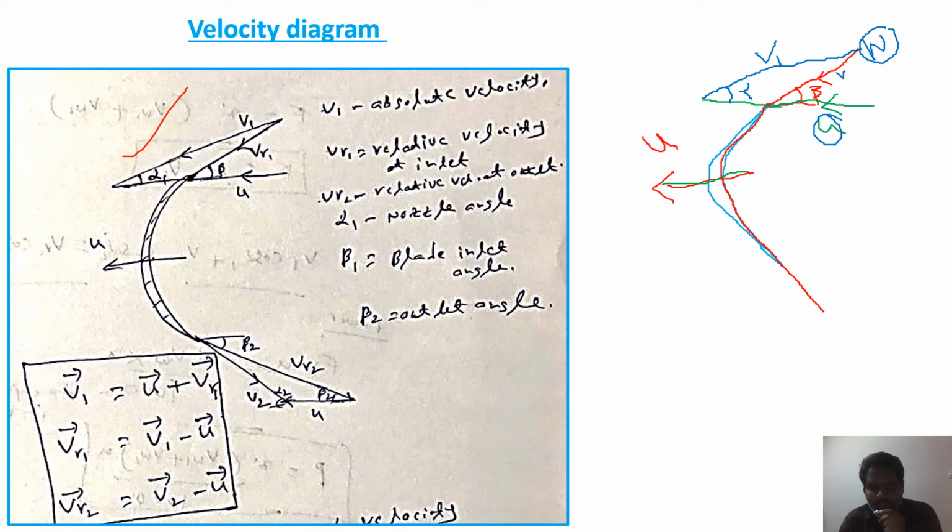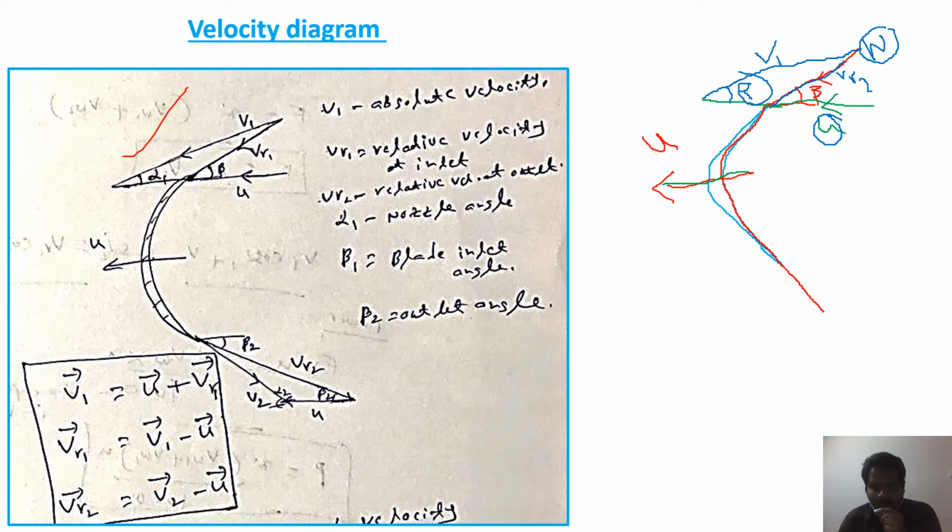Here this red line would be the relative velocity, because this velocity is in the direction of the blade. Alpha is the nozzle angle. This is how we have to draw a velocity diagram at inlet.